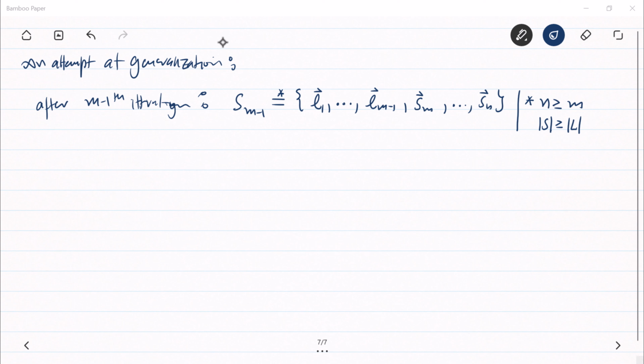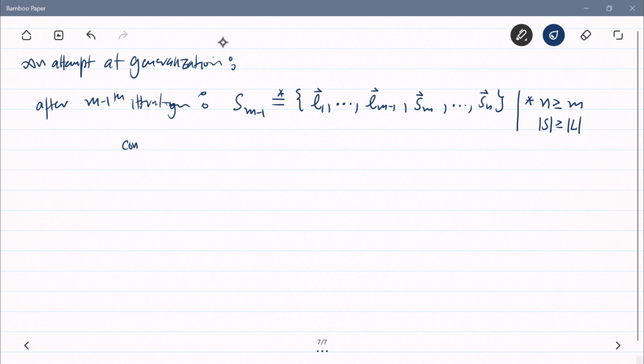Now, again, let's play the same game. Consider L sub m, which belongs to L, a subset of V. We will have the span of S sub m-1, using the same set of rules, equal to the same original vector space, which would imply we should be able to write L sub m as a linear combination of the elements here.